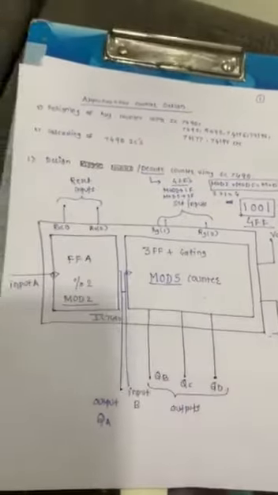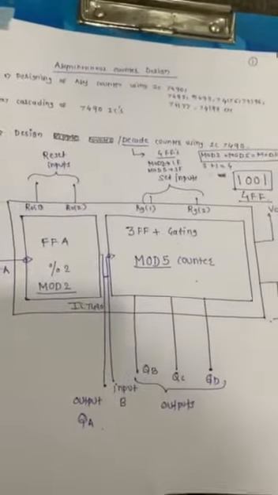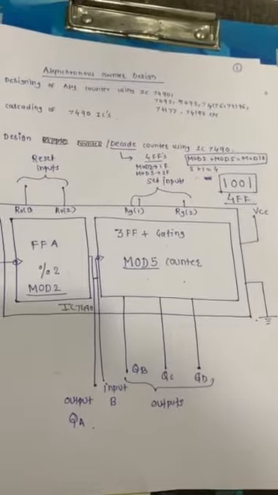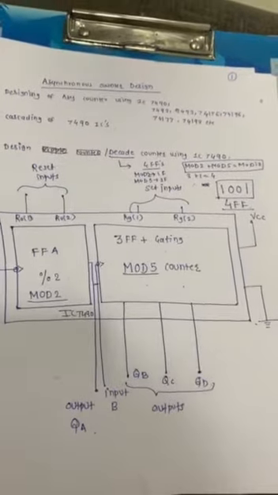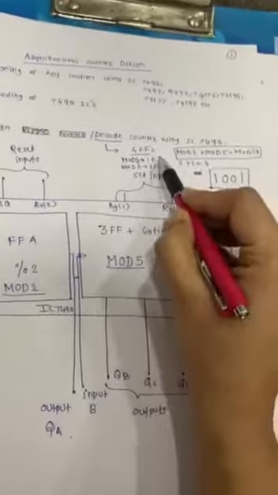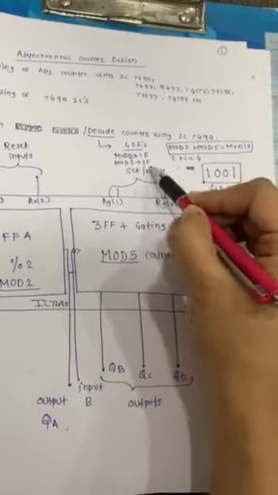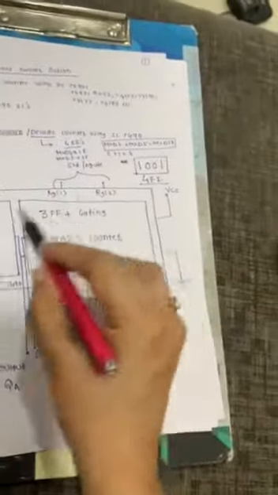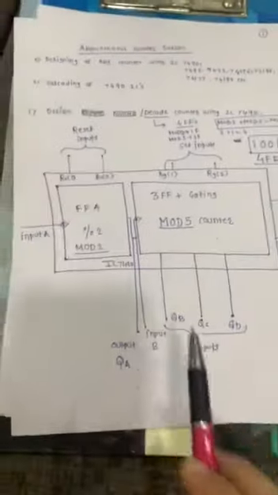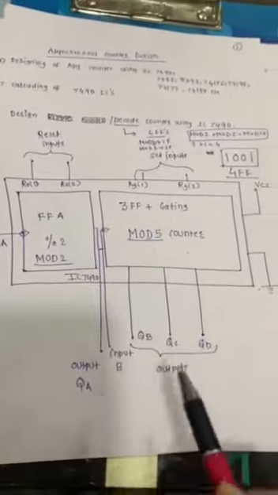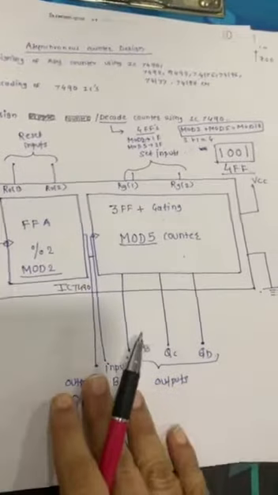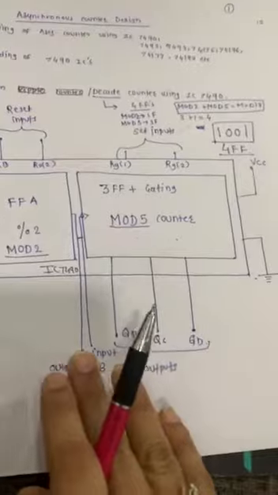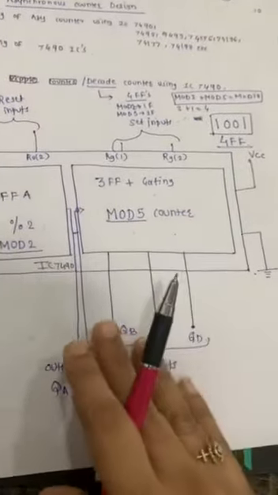So you got the idea of how many flip-flops we need: 4 flip-flops. Mod 2 gives 1 flip-flop, mod 5 gives 3 flip-flops, 3 plus 1 is 4. It satisfies our design. Therefore IC 7490 is used as a decade counter, and with its help we can design a decade counter, right?